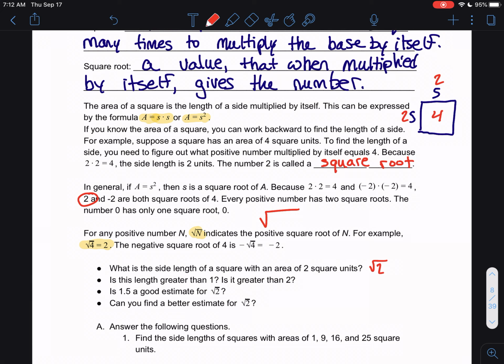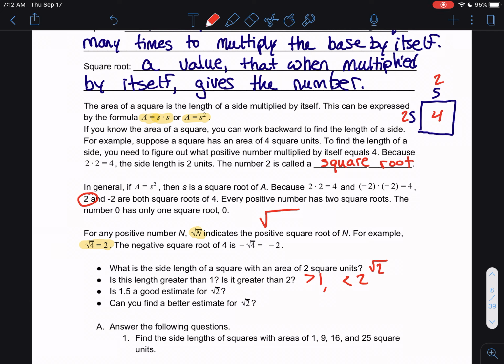Is it greater than 2? Well, let's think about it. If it's greater than 1, that means it has to be bigger than 1 times 1. Well, 1 times 1 equals 1. So it's definitely bigger than 1, so we can say greater than 1. But then is it greater than 2? 2 times 2 is 4, and that's bigger than that 2 inside my square root symbol, so it's less than 2.